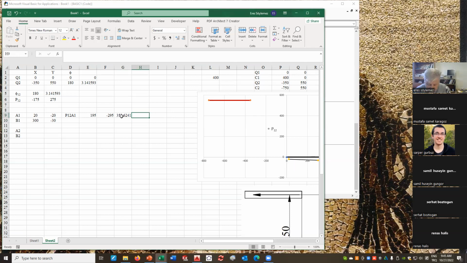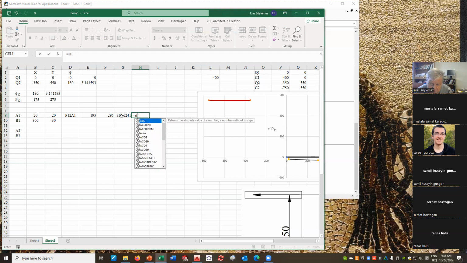The angle is equal to A tan 2. I have to determine the angle. I have to use A tan 2, otherwise I will not have the correct quadrant. Or I can use another function, the ang function. Open up parentheses, x component, comma, y component of this vector.